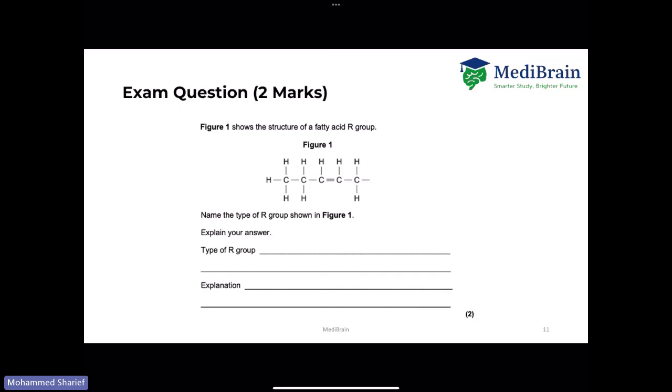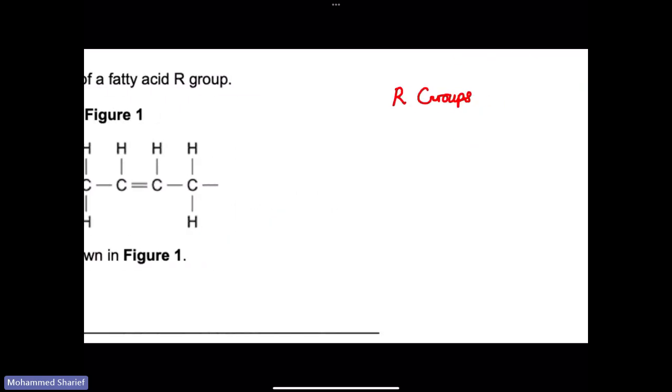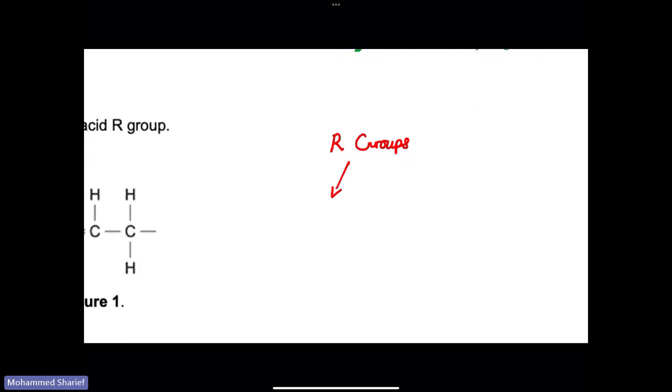What are the two types of R groups, first of all? If we were to split them, R groups can be split into saturated and unsaturated.